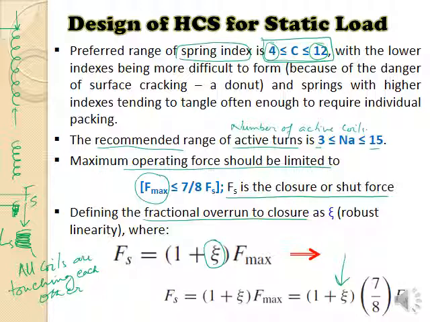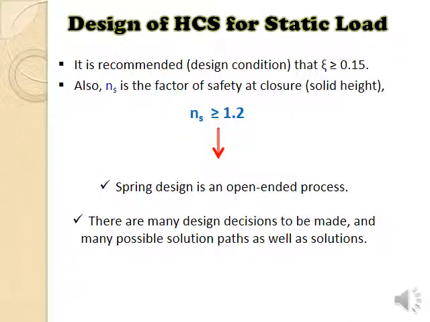The recommended value is that this parameter must be greater than or equal to 0.15. It cannot be less than this. So in all our calculations, we will start with a value of 0.15.